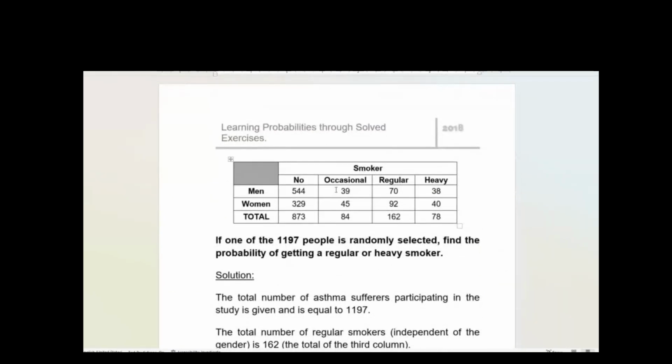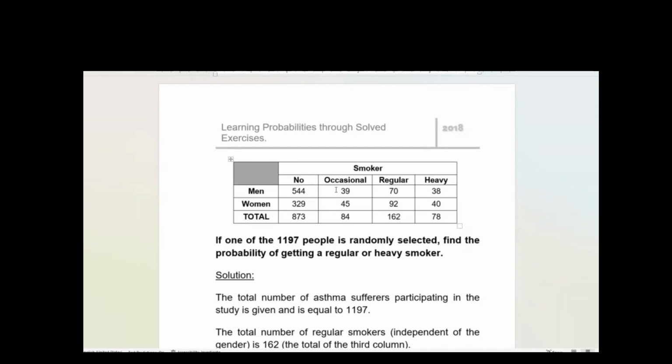For those who smoke occasionally, 39. For those who are regular smokers, 70. For those who are heavy smokers, 38. In the case of women, you have 329 who are non-smokers, 45 who are occasional smokers, 92 who are regular smokers, and 40 who are heavy smokers.